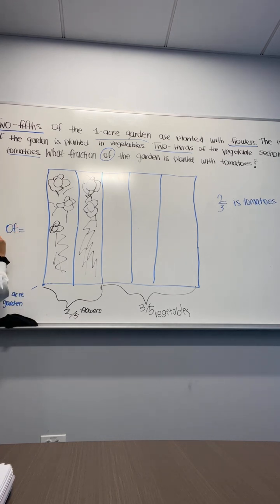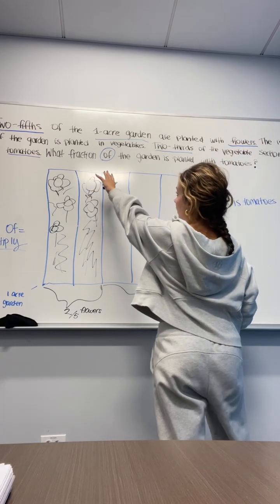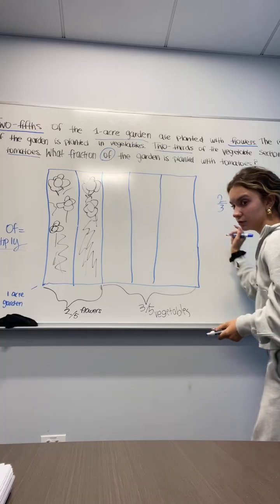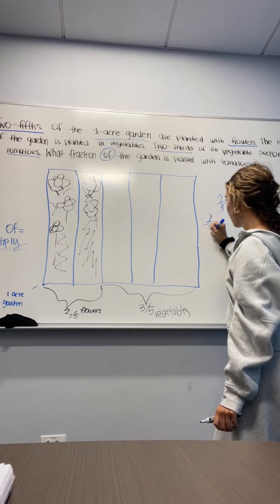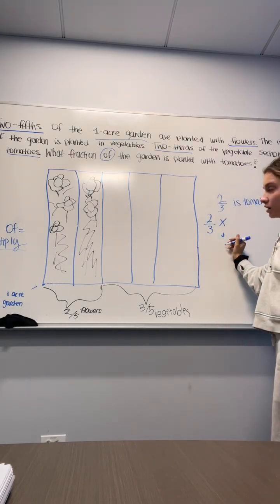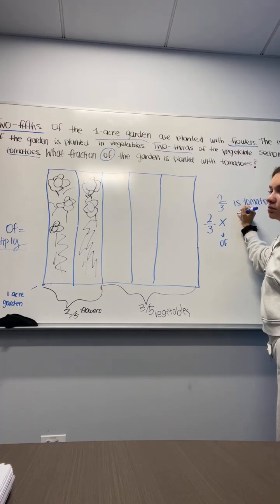Our word "of" indicates multiplication. So we are multiplying. Remember, we want to find out a part of a part. So we want to find out 2/3 times, or of, 3/5.